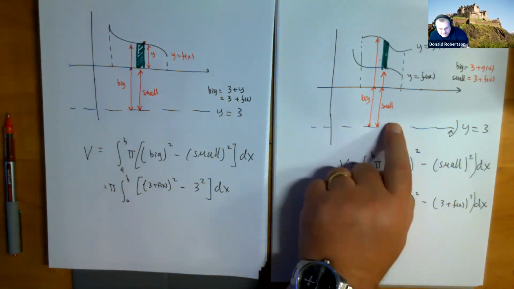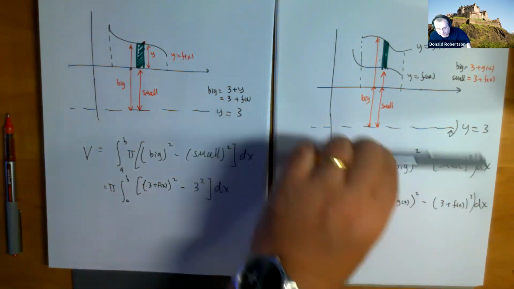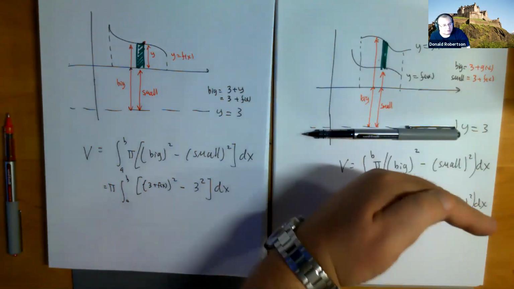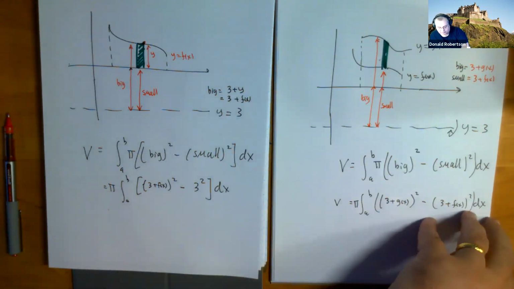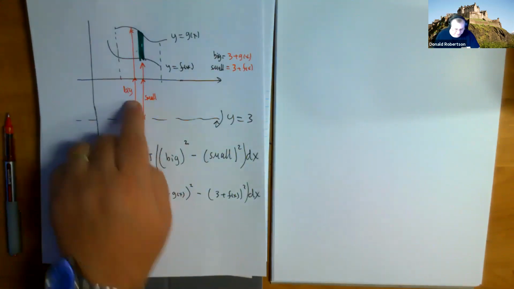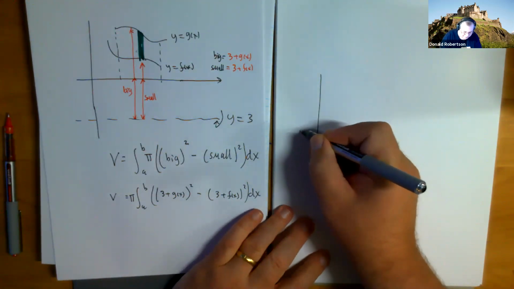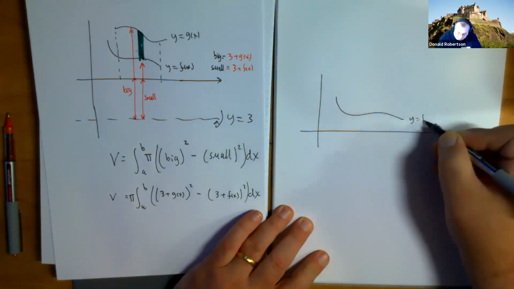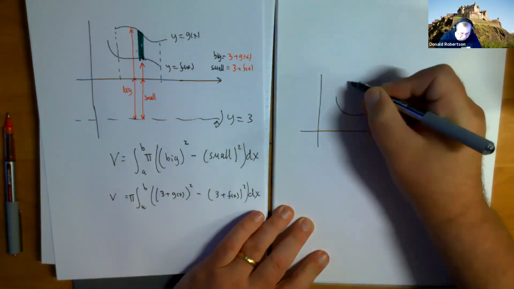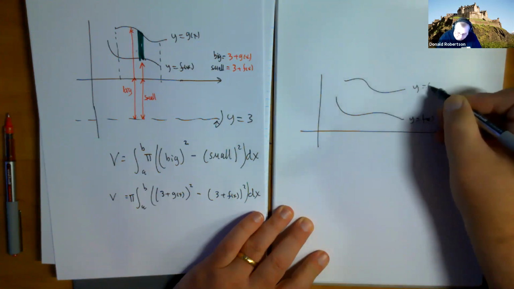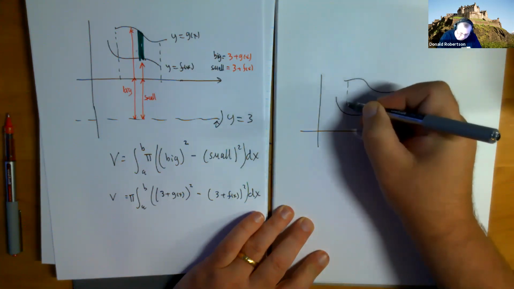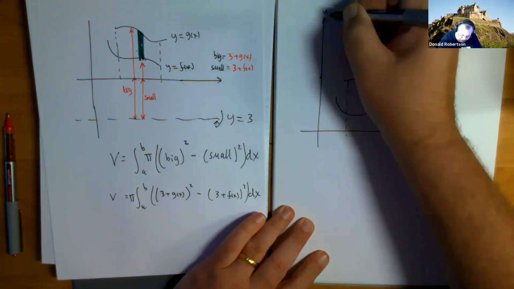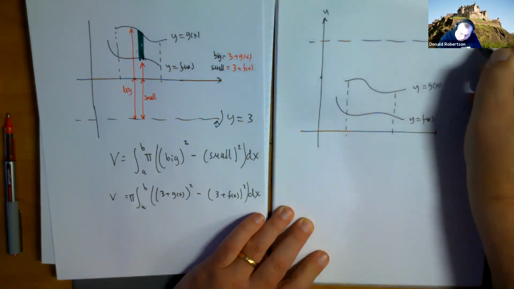Now, for each of these two, I have put the axis of rotation parallel to the x-axis, but I've put it below the shape. So what's going to happen if I take that same picture? There's my y equals f of x, there's my y equals g of x, and I start here and finish here, but I rotate about a line that's way up here.